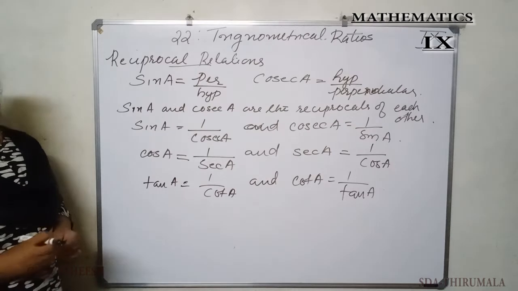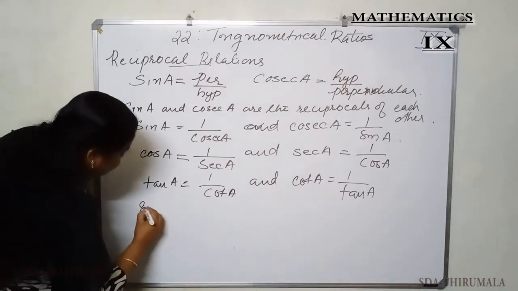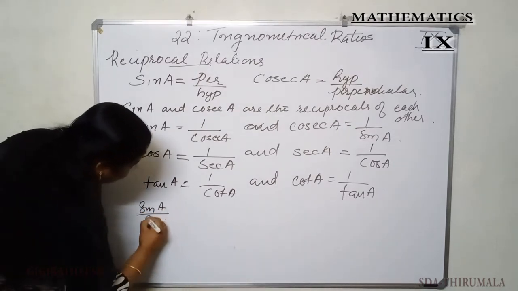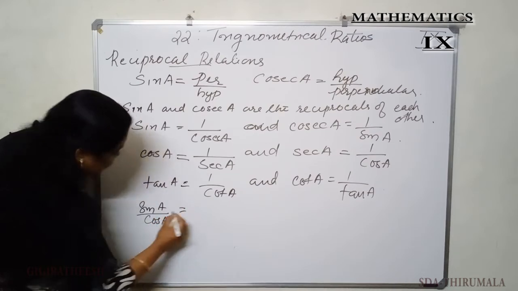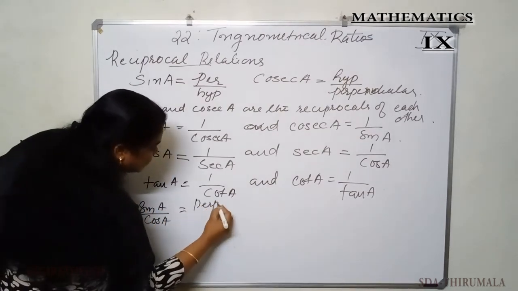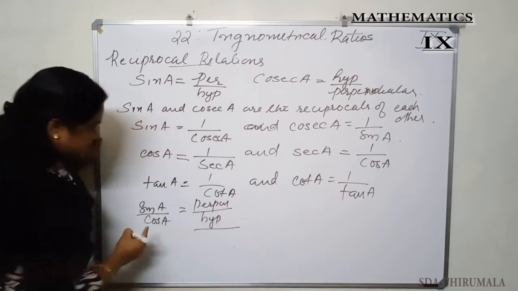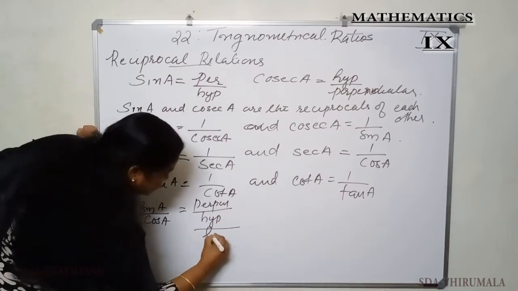And one more: what is sin A by cos A? Sin A is perpendicular by hypotenuse, divided by cos A, which is base by hypotenuse.